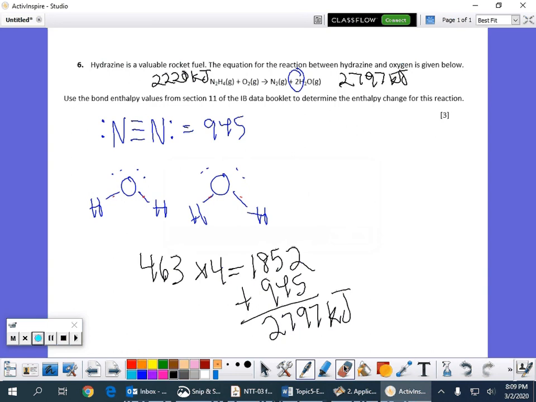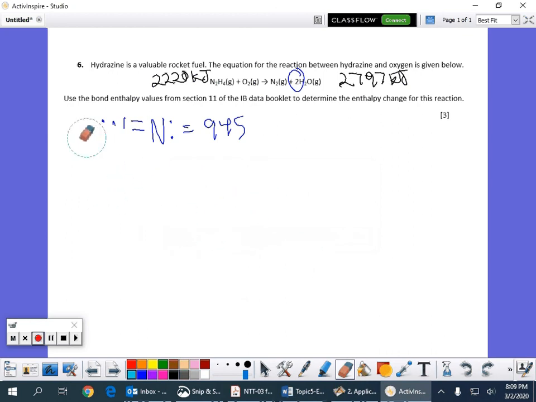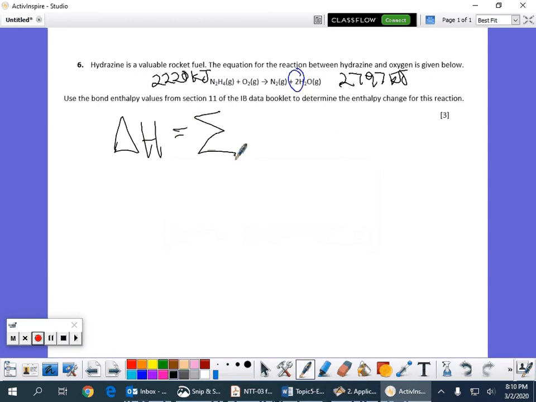So now when we look at the overall equation, we are going to set it up as delta H is equal to the sum of our bonds broken minus the sum of our bonds formed.